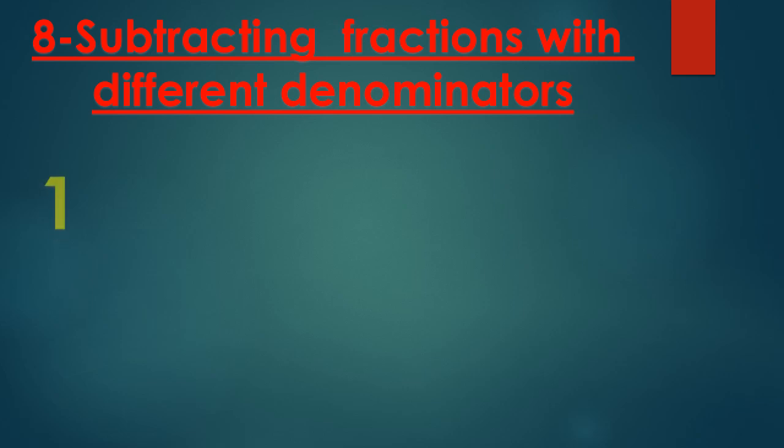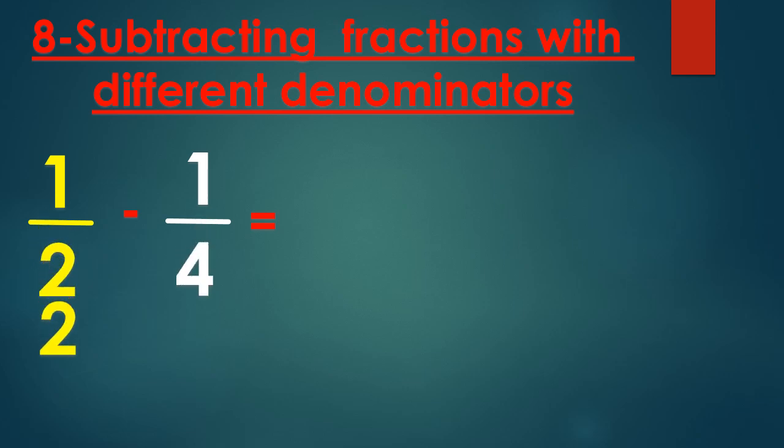Eighth, we have subtracting fractions with different denominators, like 1 over 2 minus 1 over 4. We notice that the two denominators are not the same, so we have to convert one to the other. The 2 can be converted to 4 by multiplying it by 2.